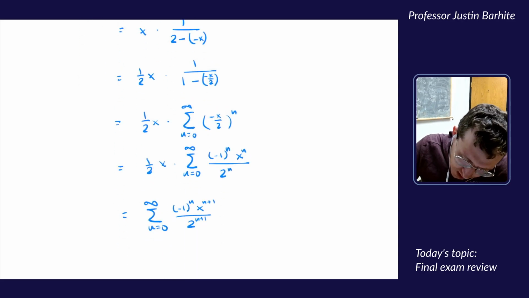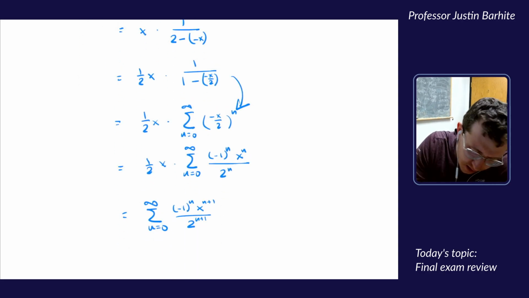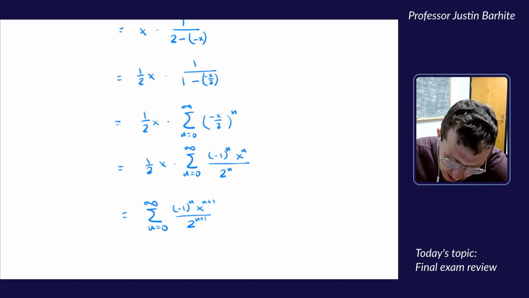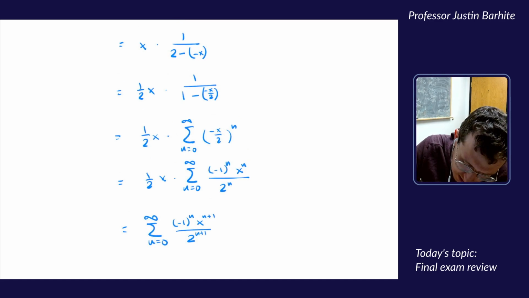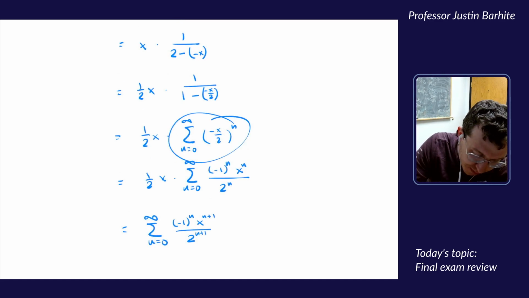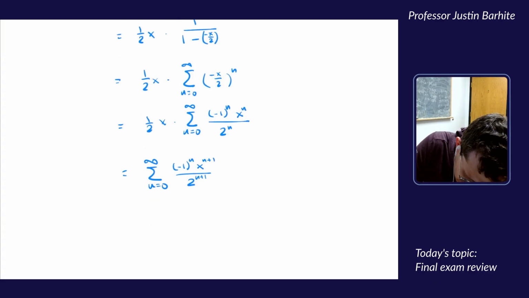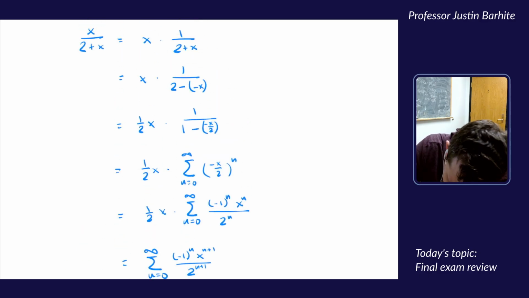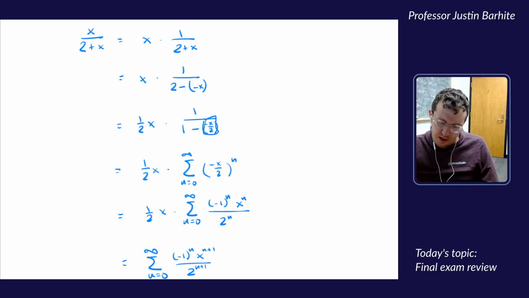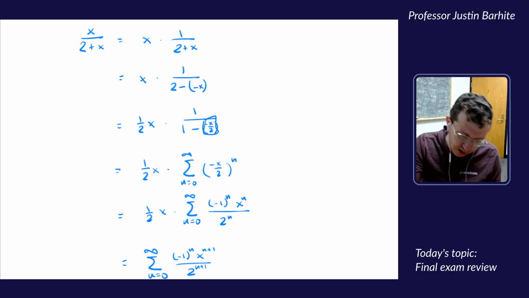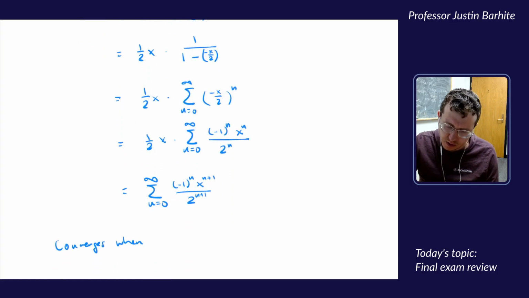So when I make this jump here, when I use that power series, when is this geometric power series going to converge? It's going to converge when that thing is less than 1 in absolute value, the minus x over 2.